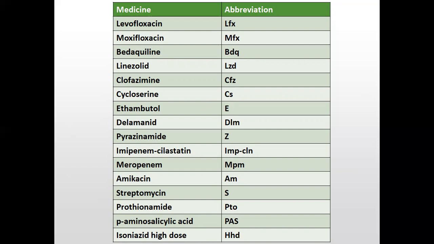H is isoniazid, diba? So, dagdagan mo lang na HD, that will be isoniazid high dose. Okay. So, later on, we will be using more of this abbreviation para mas madali for you to familiarize.